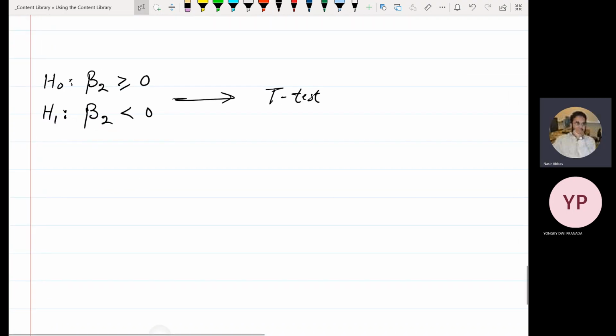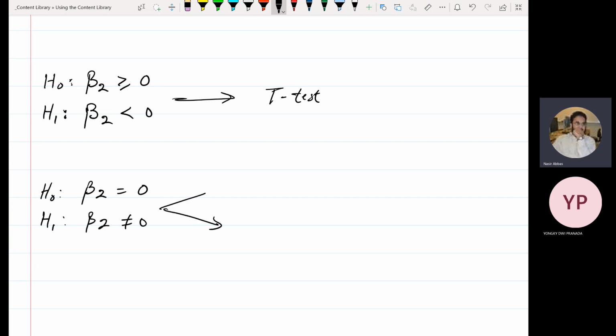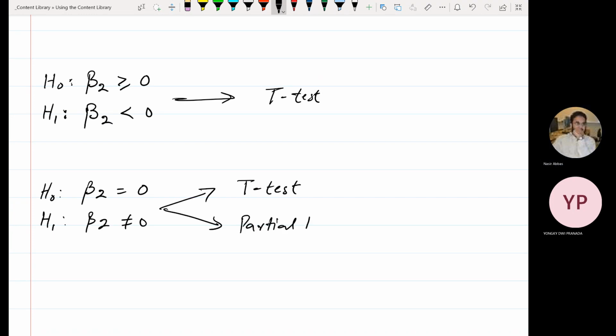Now, if I want to test this hypothesis that beta 2 equals 0 against H1 that beta 2 is not equal to 0, I have two options. I can use the t-test and I can also use the partial f-test, which is the extra sum of squares method.